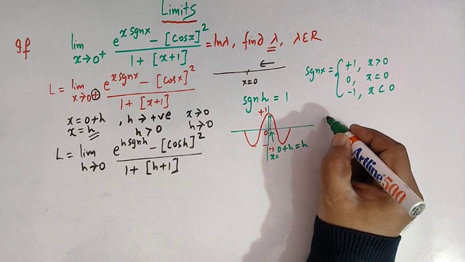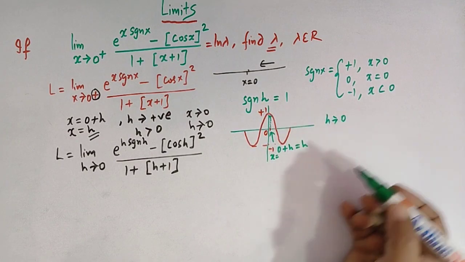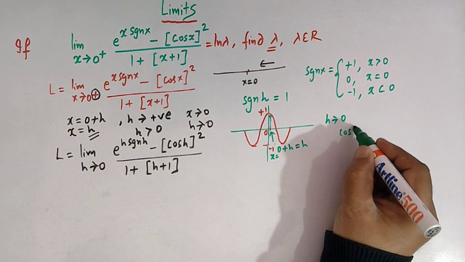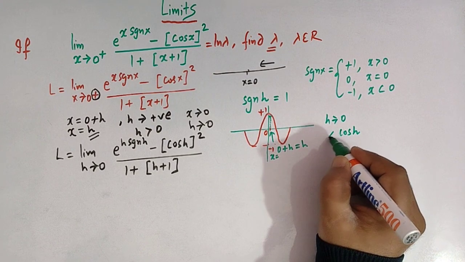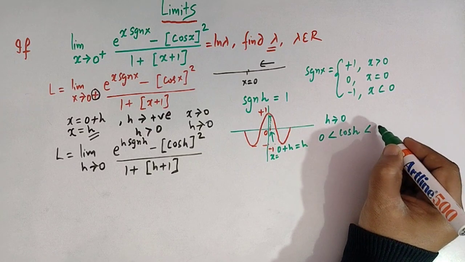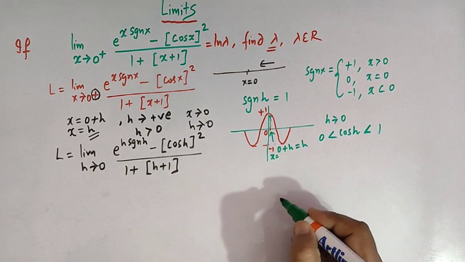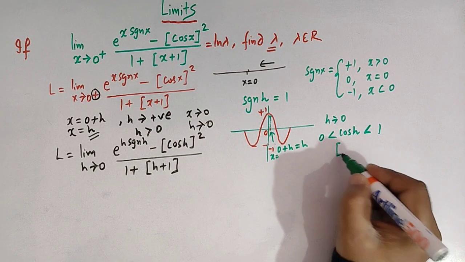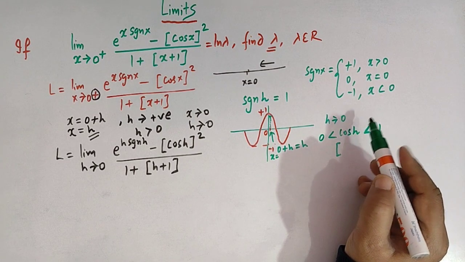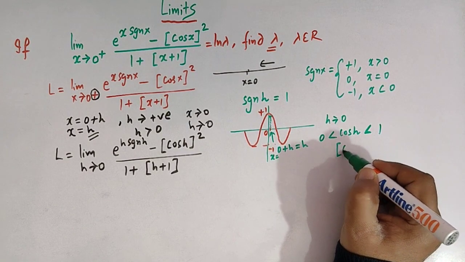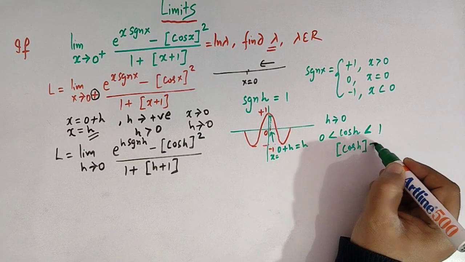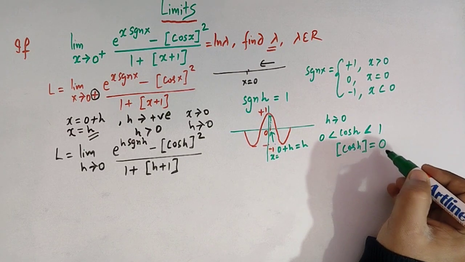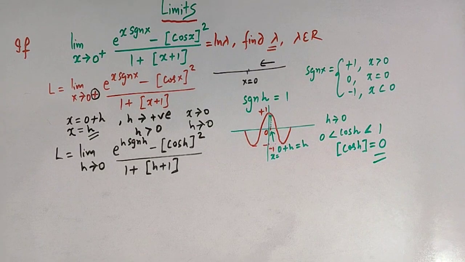So when h tends to 0, then this cos of h is greater than 0 but it is less than 1, right? So the definition of greatest integer function gives us the greatest integer of cos of h should be equal to 0, right?